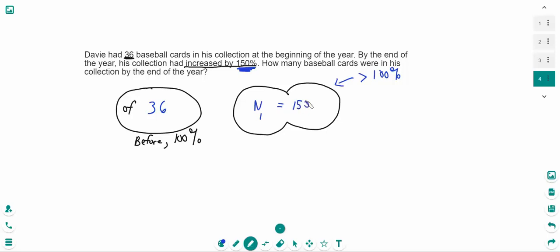Even though in this case, more so than the last problem, you may be fooled into thinking that this would be correct because you're thinking, well, it is greater than 100%, so therefore it must be right. No, it's not right. This is wrong. Okay? And it's wrong because it increased by 150%. It started with 100% and then it increased.